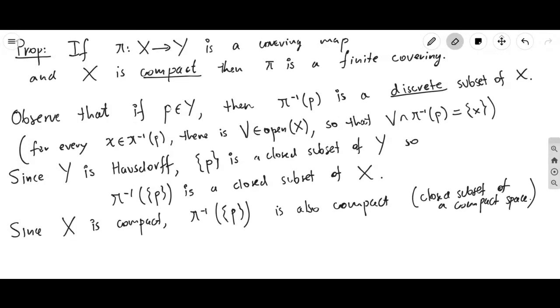Boundedness is not a topological notion. But in Euclidean space, that makes sense. So basically, this is compact, and this is a closed subset of it. So this is bounded. It's also closed because it's a closed subset. So this is also compact.